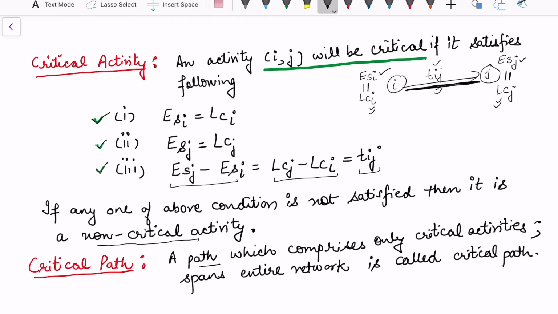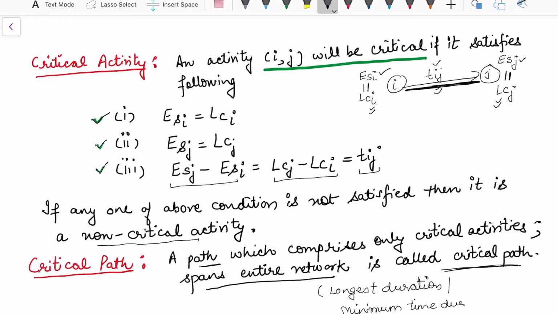So this involves the longest duration, or in other words, it is the minimum time to complete the project. If we do not take this longer duration, some activity would be left incomplete and hence the project would be considered incomplete. So that is the minimum time duration.